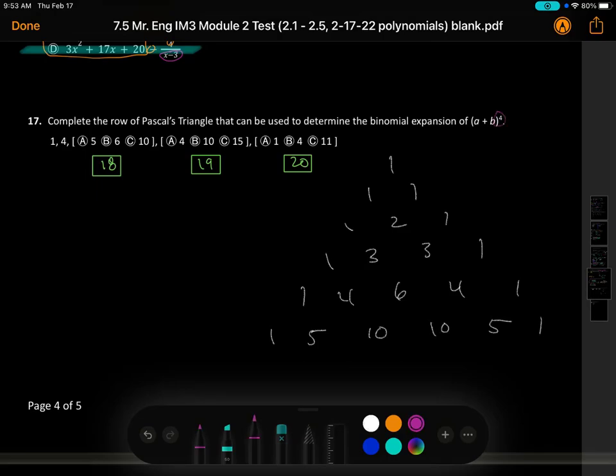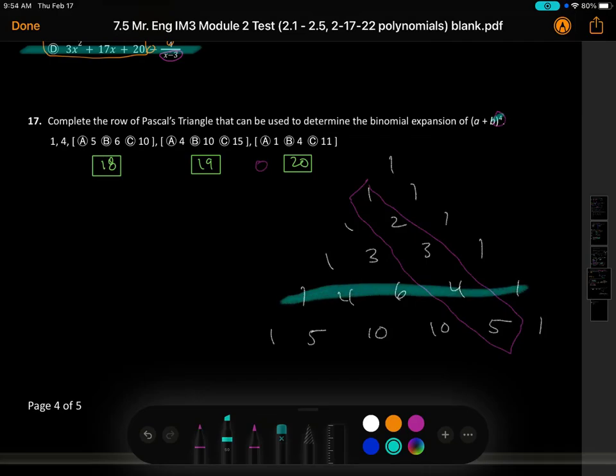So the degree will match this one, and you can use this row here as well. And if you're looking to the 4th power, you would find these numbers.